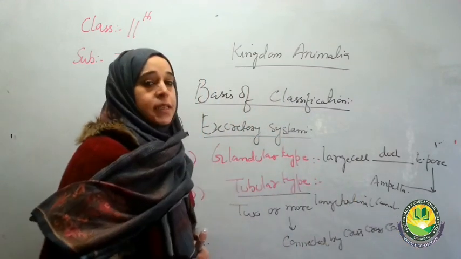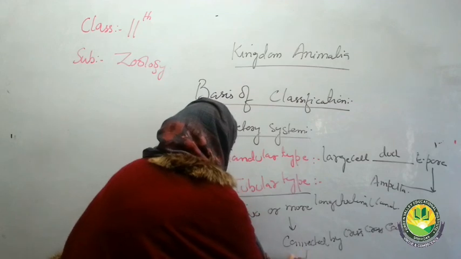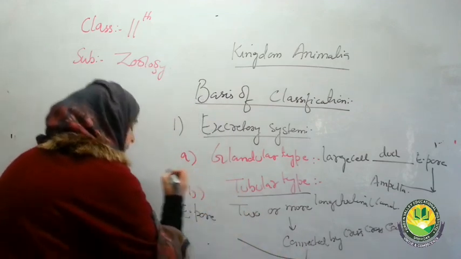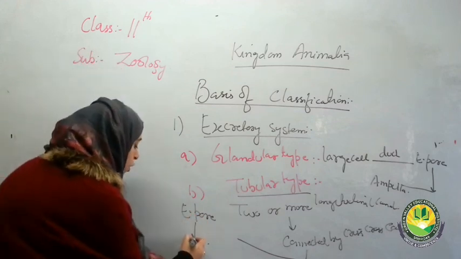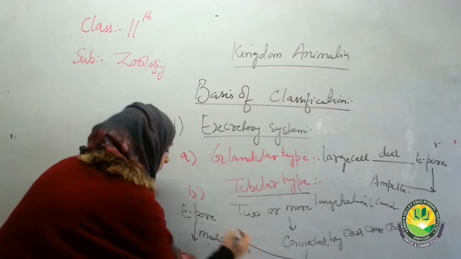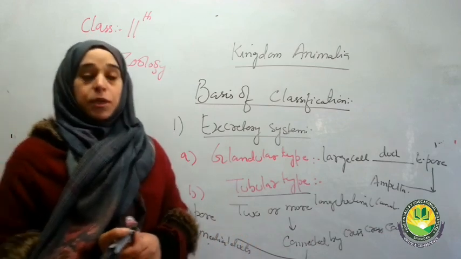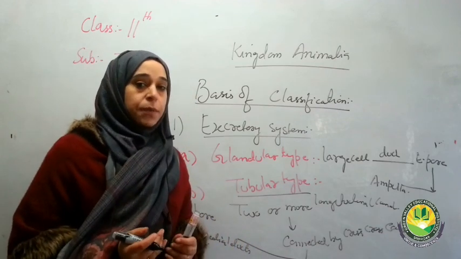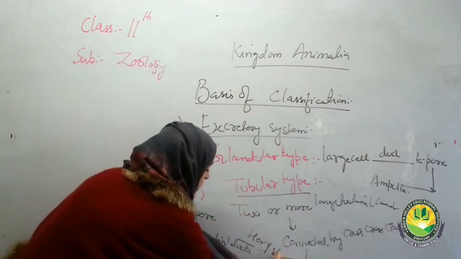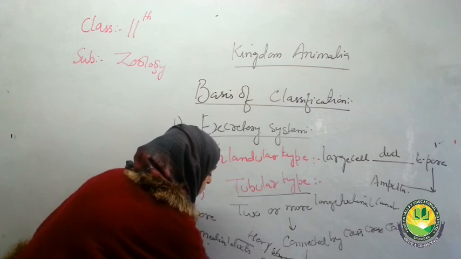And then these open to the excretory pore by the presence of a medial duct, thus leading to the formation of either H-shaped or Y-shaped excretory systems.